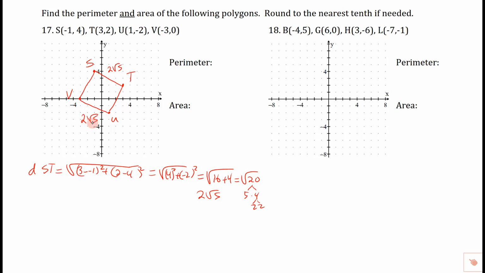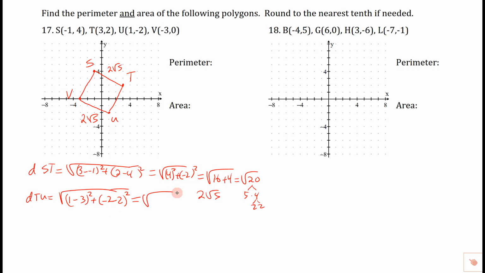So let's check TU right here. So the distance from T to U, let's do x2 minus x1. So I'm going to do a big square root here. x2 minus x1 is going to be 1 minus 3, square that quantity. And then y2 minus y1, so negative 2 minus the y1, which is a 2. So we have a negative 2 minus 2.